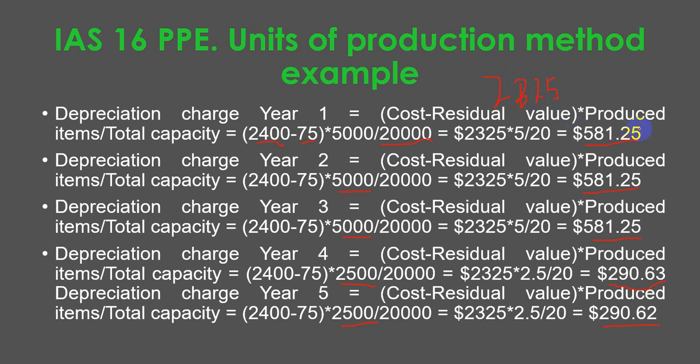So if you sum up this and this, you will receive 2,325 actually, which means again that we have calculated everything correctly. So let's move further.